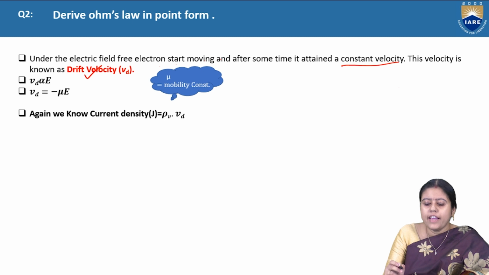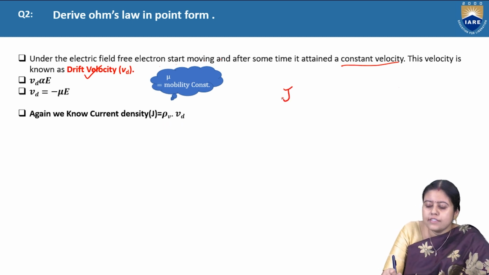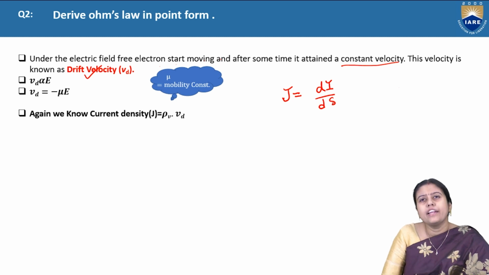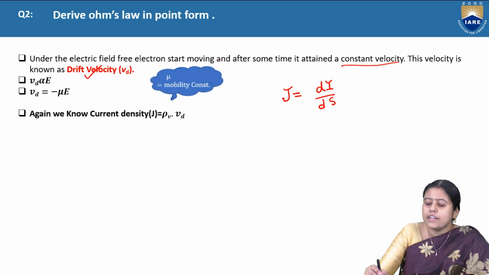Again, we know J is equal to rho v into Vd. How can we know this? J is the current density. What is current density? It is di by ds, current per unit area. And what is current?